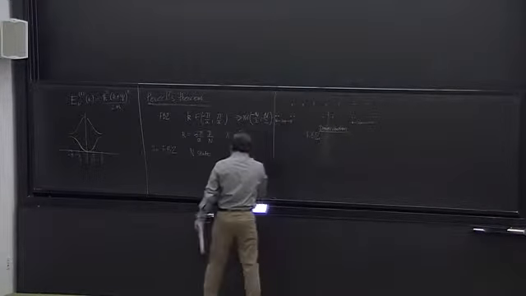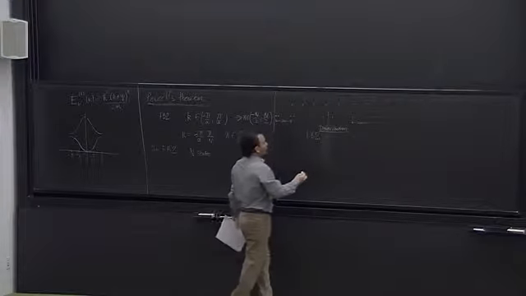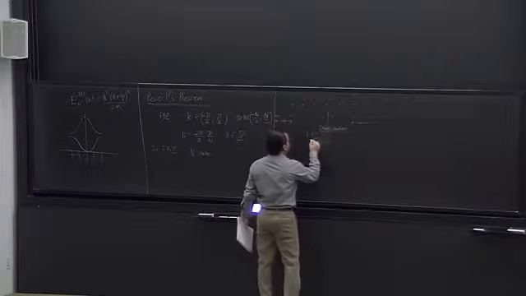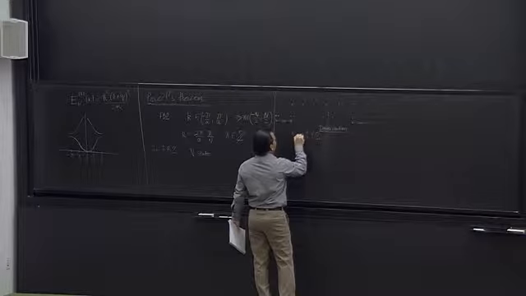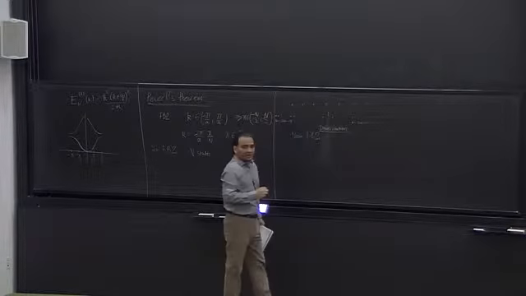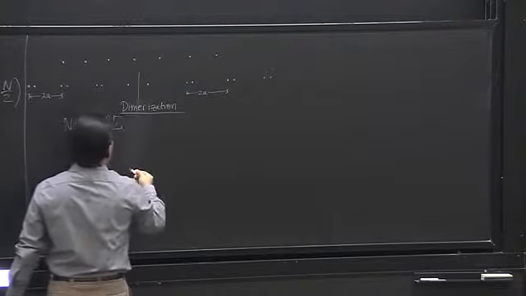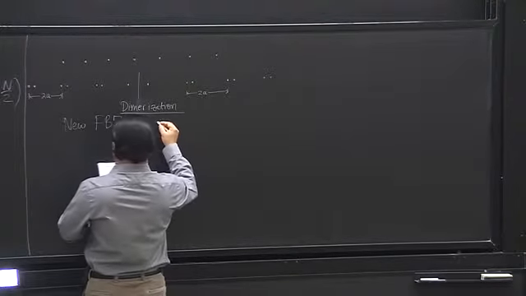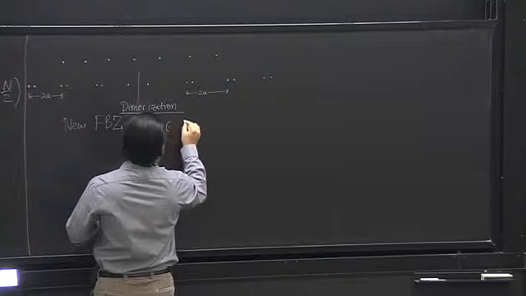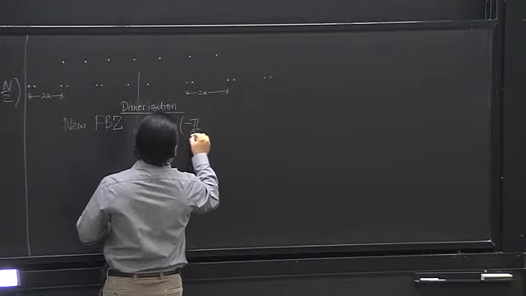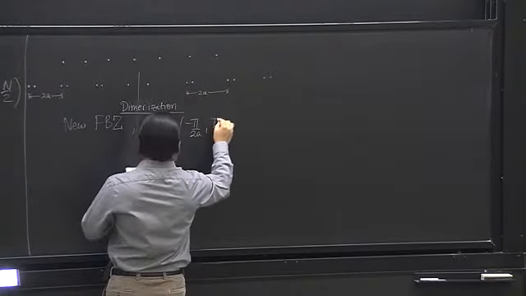Our goal now is to calculate the first Brillouin zone for this dimerized lattice. The new first Brillouin zone now will have Bloch vectors between minus pi over 2a and pi over 2a.